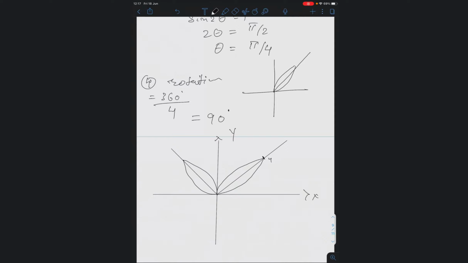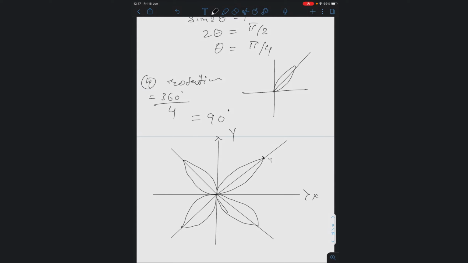This is the next petal. Then again you rotate it by 90 degrees, somewhere here. Then again you rotate it by 90 degrees. You draw it properly. Somewhere here you are going to get. So this will be the graph. This is not a good diagram, of course.